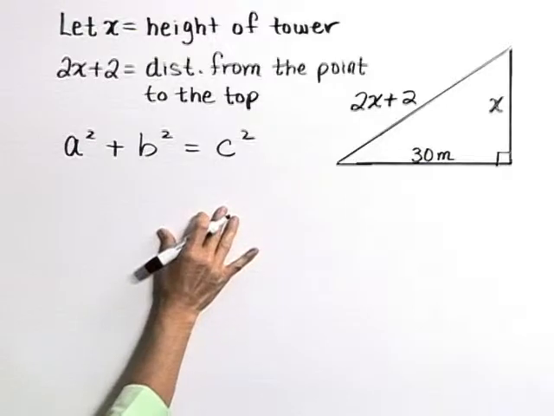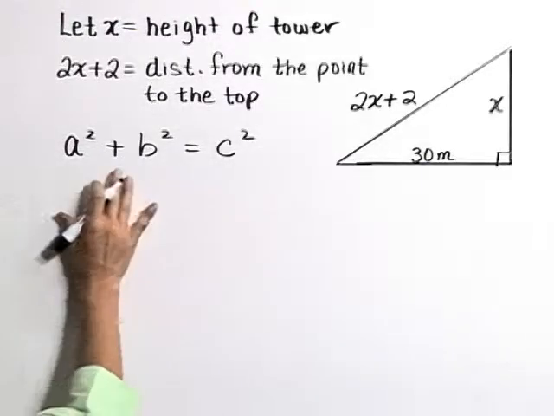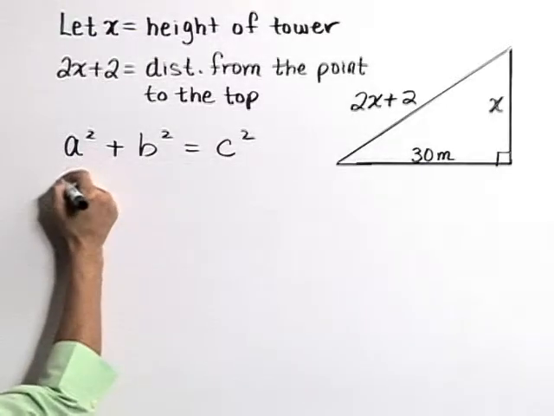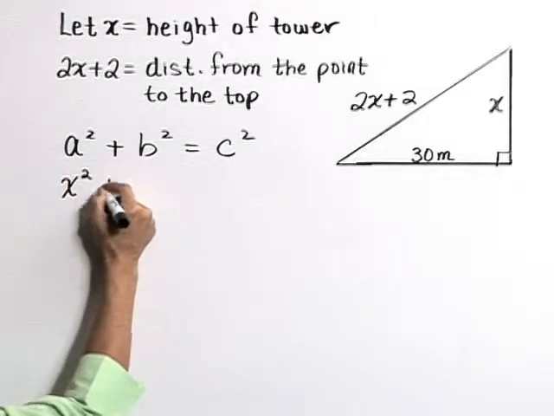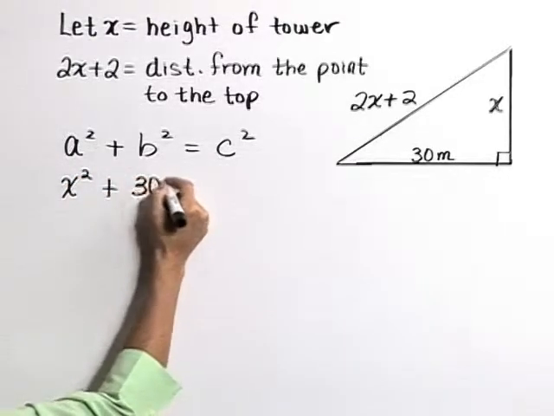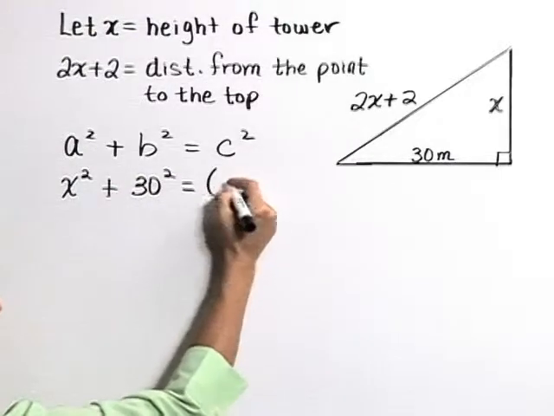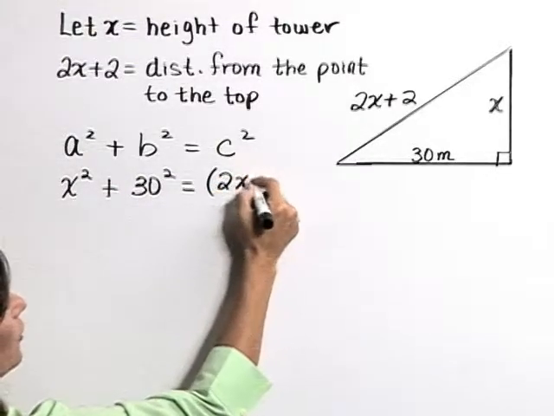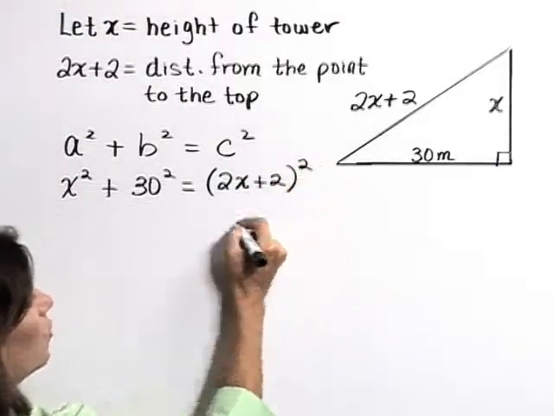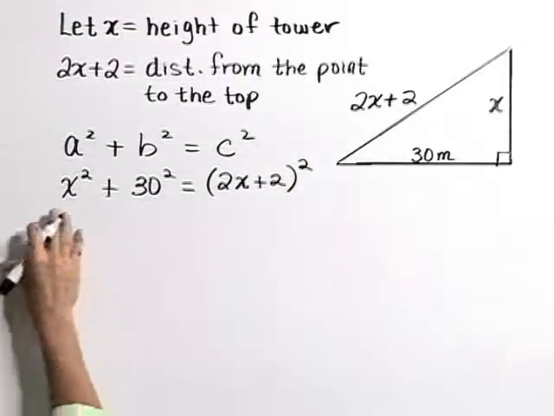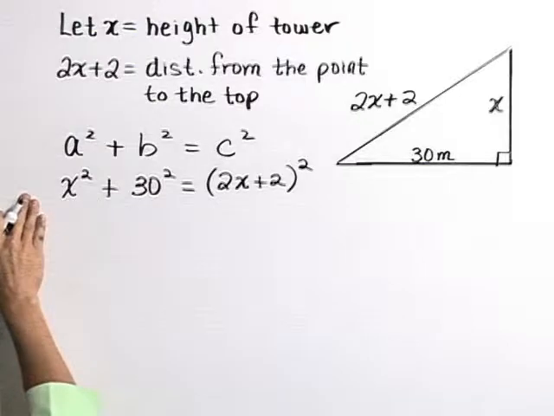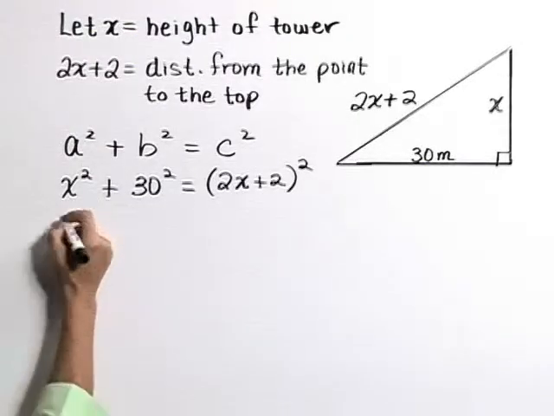Let's substitute values. I'm going to substitute x in for a and write this as x squared plus 30 in for b, so plus 30 squared, is equal to c squared, in other words, 2x plus 2, quantity squared. So we've written our equation. Now let's solve it.